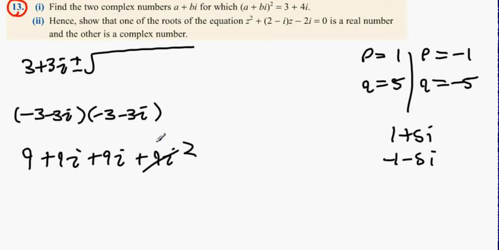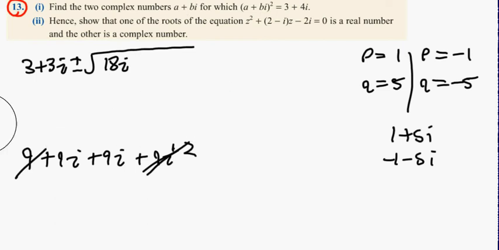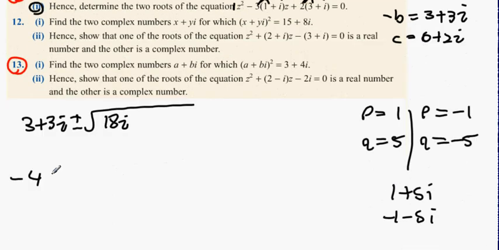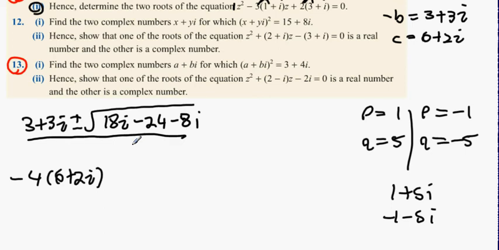The 9i squared changes to minus 9, cancels with that, so it's 18i. Then it's minus 4ac, so minus 4 times a is 1, and c is 6 plus 2i, so that's minus 24 minus 8i, all over 2.